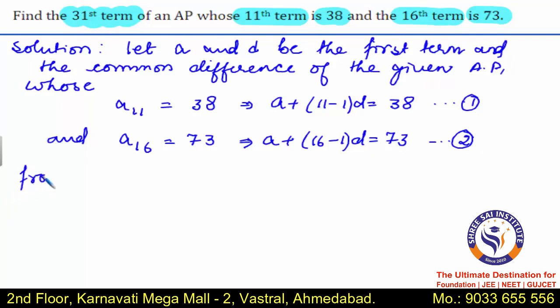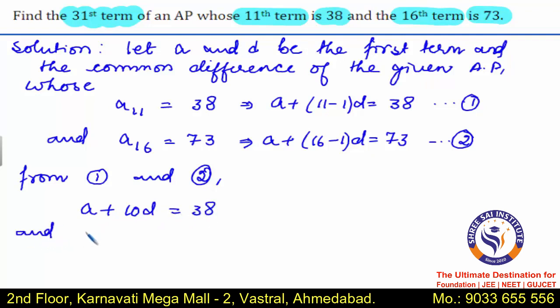Now, from equation 1 and equation 2, we have A plus 10D is equal to 38 and A plus 15D is equal to 73.